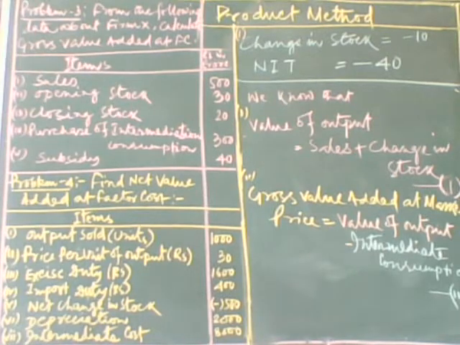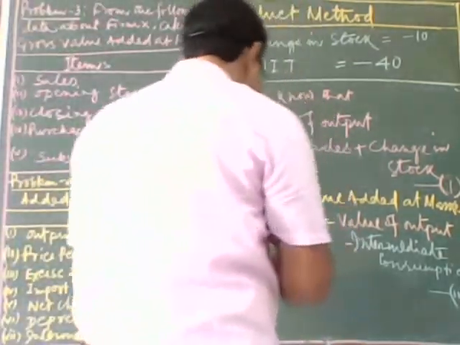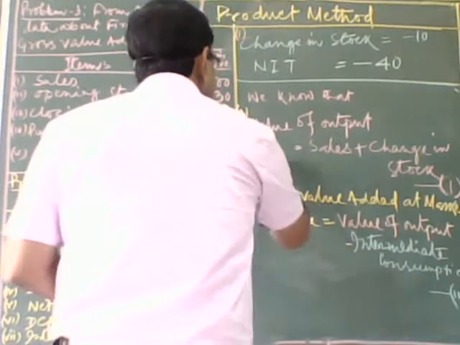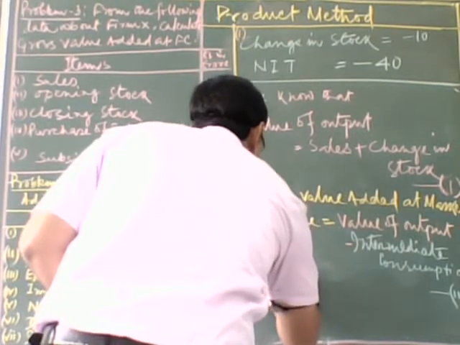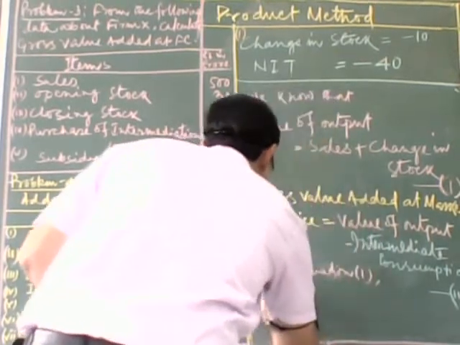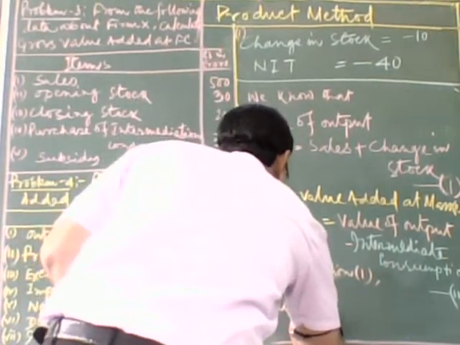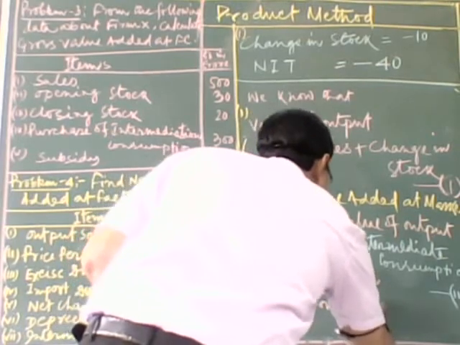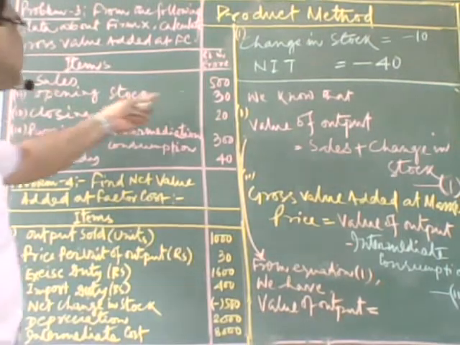Therefore, from equation 1 we have value of output is equal to sales, already given, that value is 500.